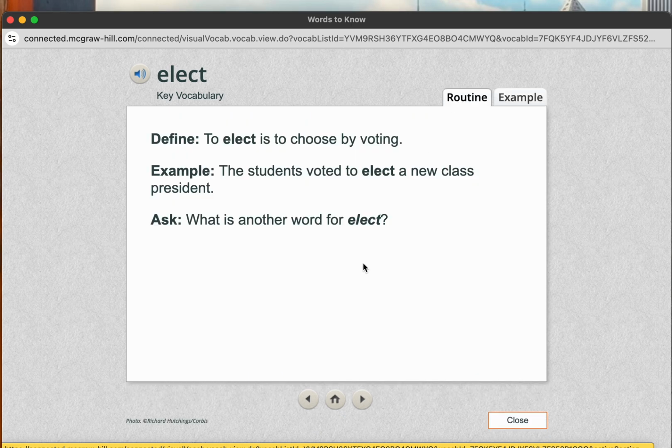To elect is to choose by voting. So to participate in a vote and elect someone for a certain position. An example is the students voted to elect a class president. And I'm going to count to another 15. Talk to your neighbor and think about what another word for elect might be.